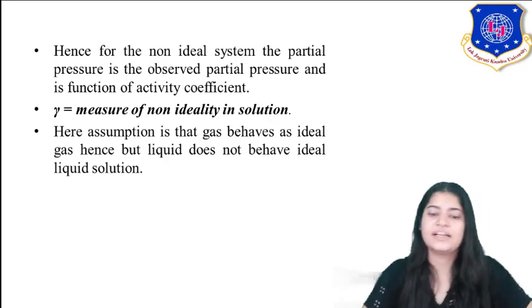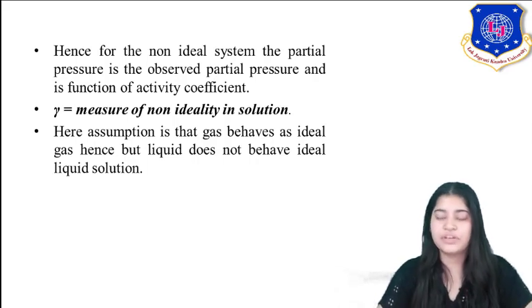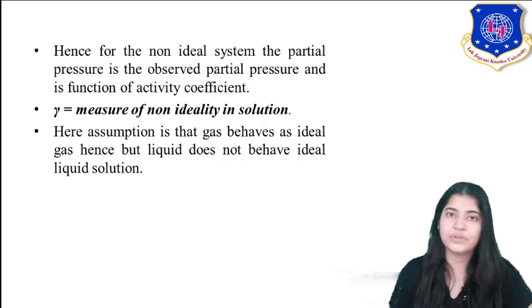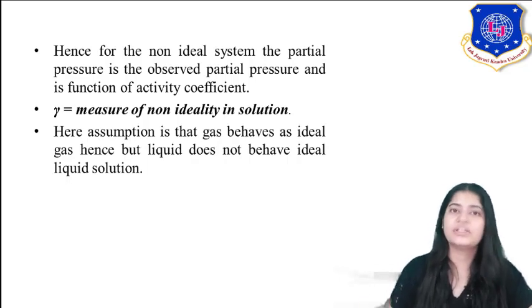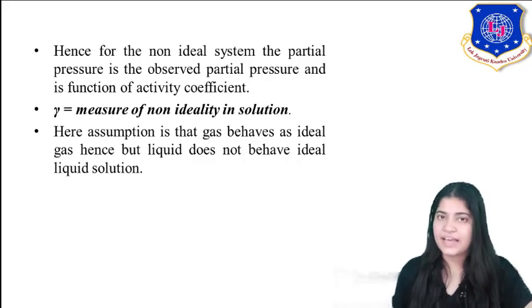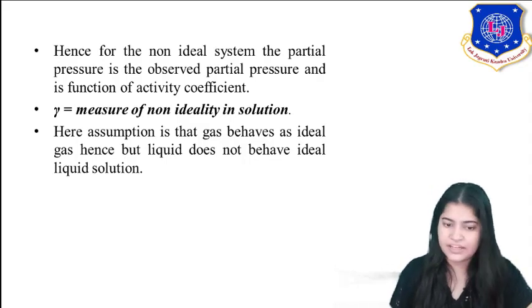Here the assumption is that, in thermodynamics you might have studied the modified VLE equation, where you are taking into account non-ideality of both gas and liquid solution. But here, for distillation purposes, to study the non-ideality in distillation, we are assuming that gas follows ideal behavior, but the liquid does not follow ideal behavior.